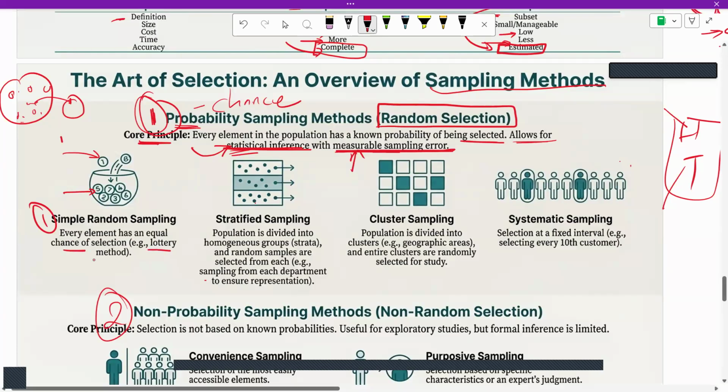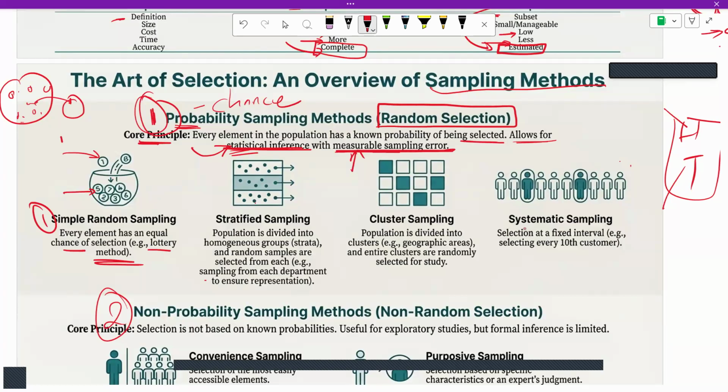Example, the lottery method, the lottery in Mahajana Sampatha. There are nine balls in each basket, and each ball has a chance of getting selected. That is simple random sampling, without any classification, just select one.